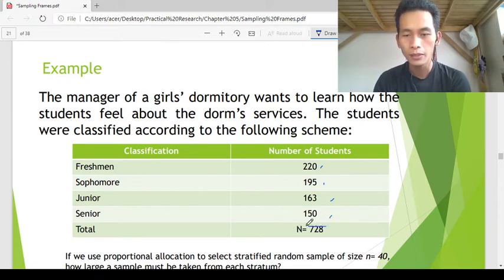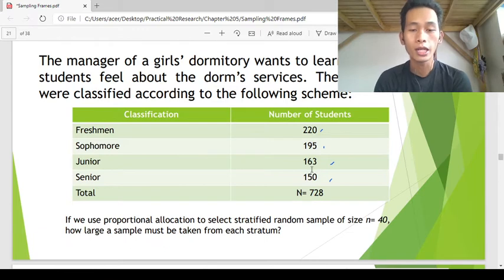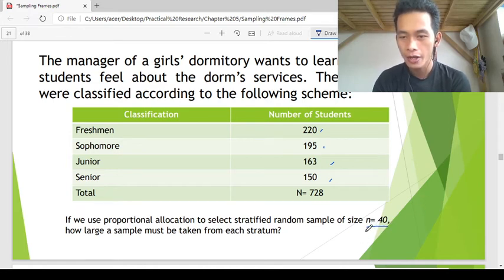All in all, the population is 728 students. If we use proportional allocation to select stratified random sample of size 40, take note, what you will take is 40.